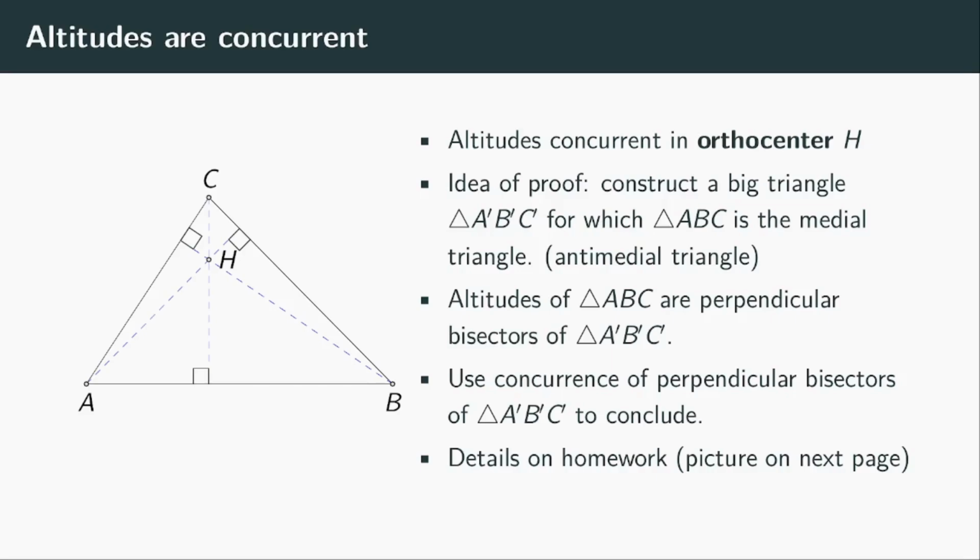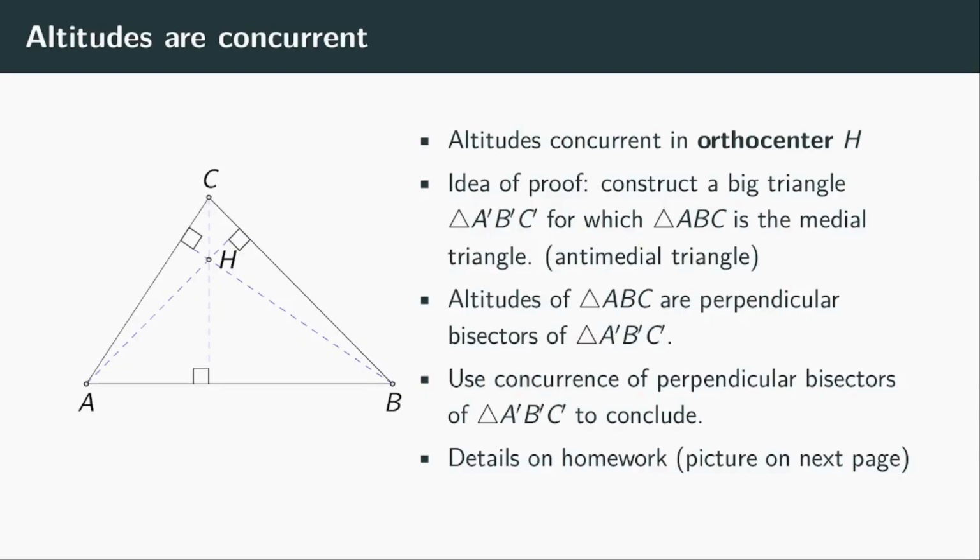And then the key thing you do is you say, okay, the altitudes of the triangle ABC, at least if you extend them into lines, are precisely the perpendicular bisectors of the triangle A prime, B prime, C prime. And then you proved already that the perpendicular bisectors are concurrent. And so then in the homework, I want you to flesh out this line of reasoning.